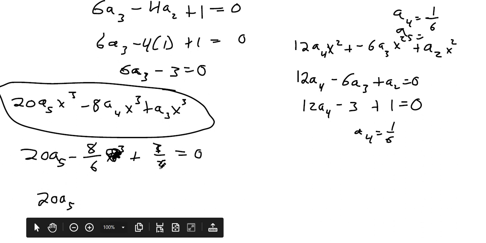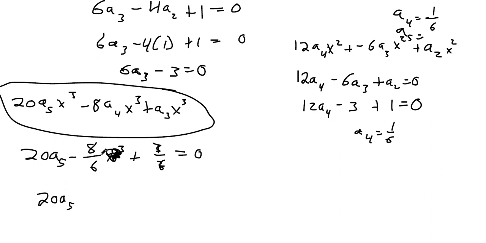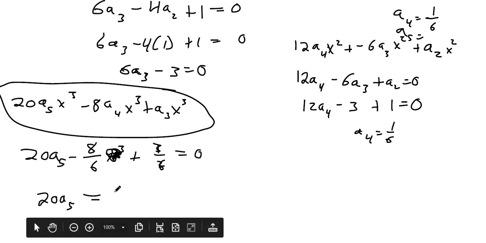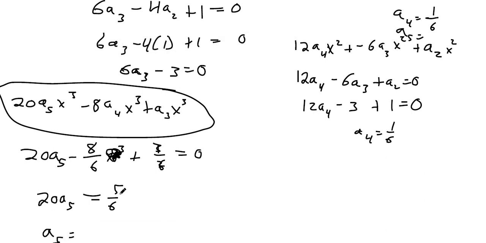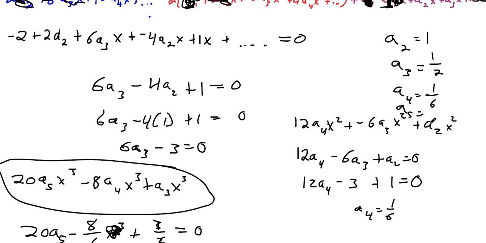This is 3/6, so it's going to make -5/6, so this is going to be equal to 5/6. And multiply both sides by 1/20. This cross cancels, makes 1/24. So there's our fifth term. A sub 5 is 1/24.